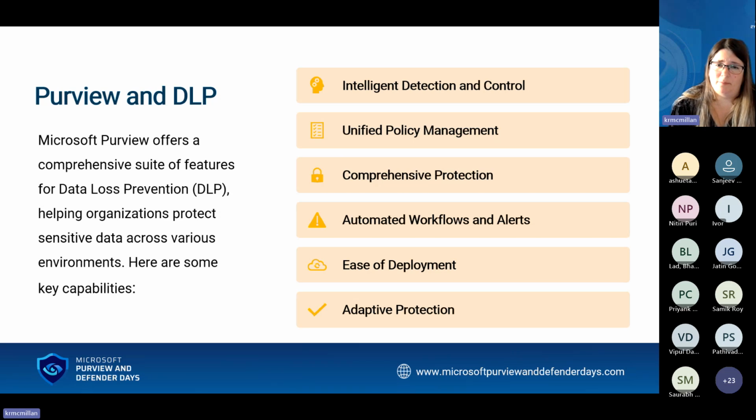So I've put in here some of the key components within Purview and DLP and what it can offer an organisation. So you've got intelligent detection and control. So you can use AI for the detection.